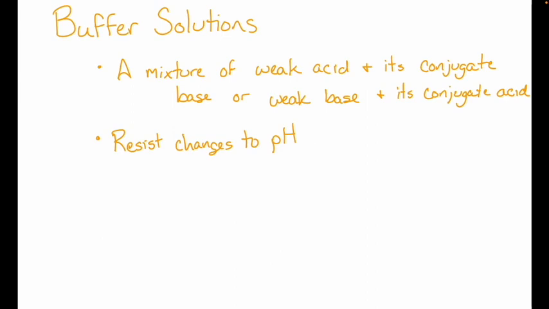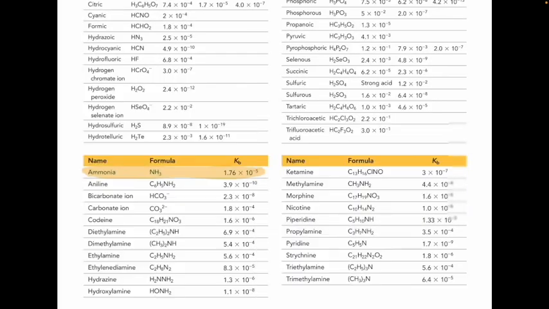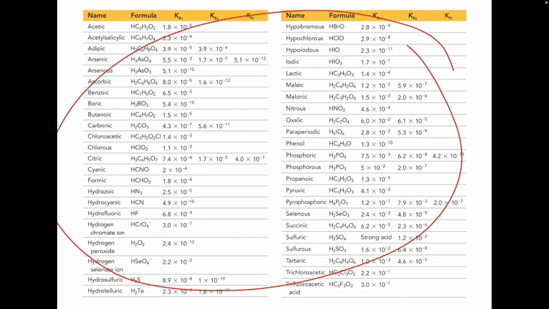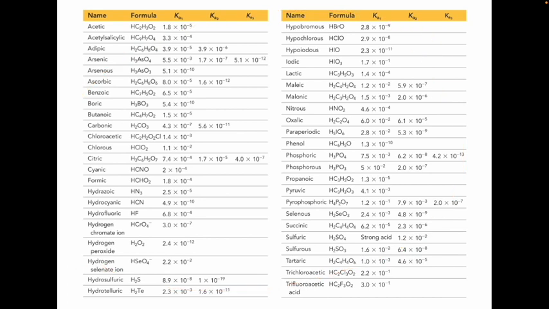So for example, we got a bunch of information about weak acids tabulated on our constants page, right? Anything on this list here is a weak acid. So let's just pick one that we've looked at before, hydrofluoric acid.